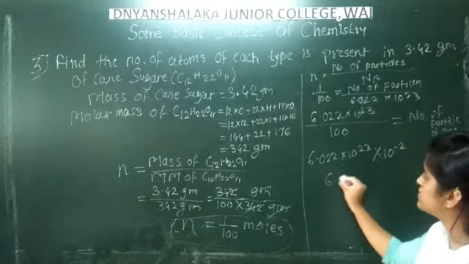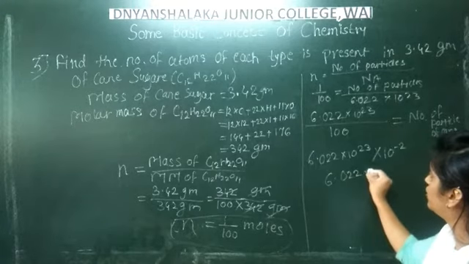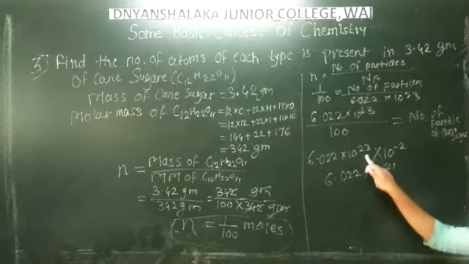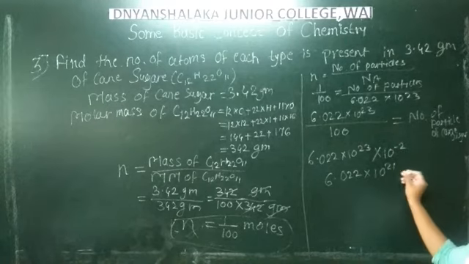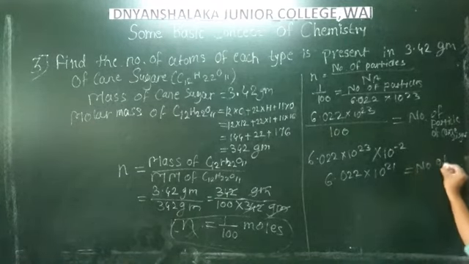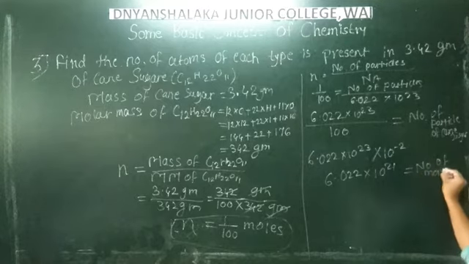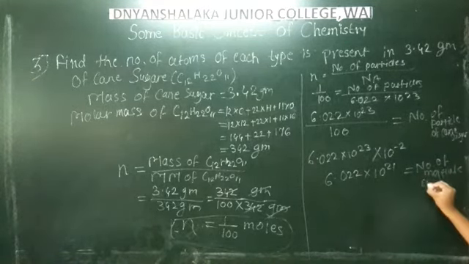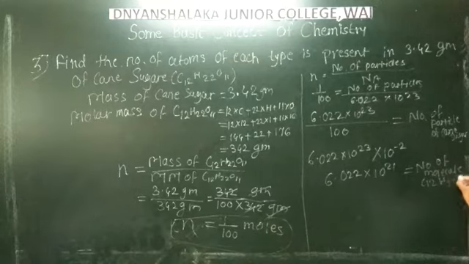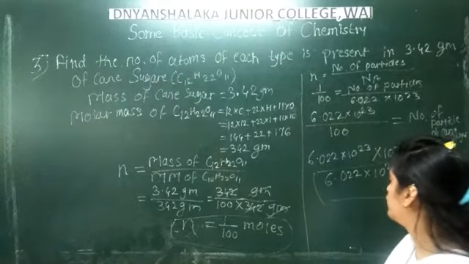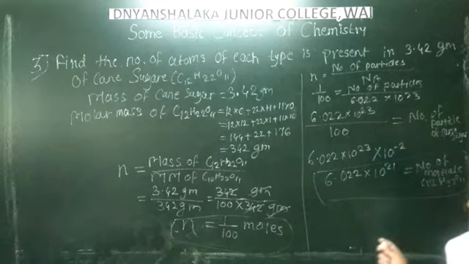So we get the answer 6.022 into 10 raised to 21 molecules. 23 minus 2 is 21 molecules, meaning the number of molecules of cane sugar, C12H22O11.